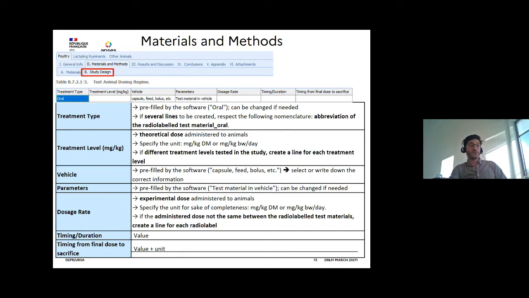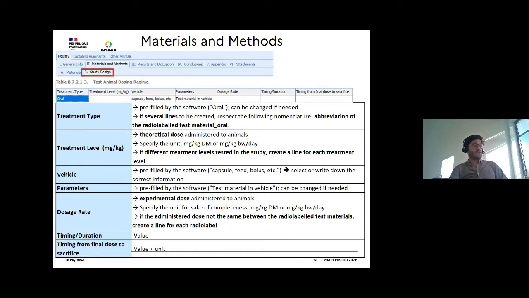The parameters column is also pre-filled, but you can modify it if needed. Experimental dose administered to animals also has to be detailed in the dosage rate columns. Do not forget to specify the unit. And if the administered dose is not the same between the radio-labeled test materials of the study, create a line for each radio label.